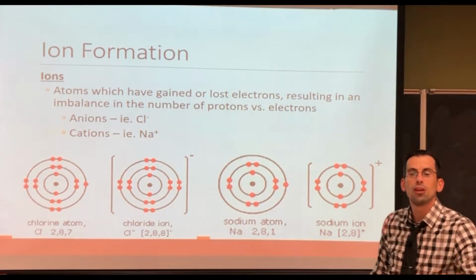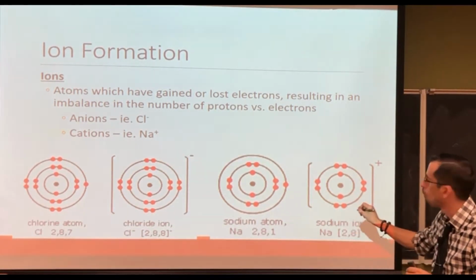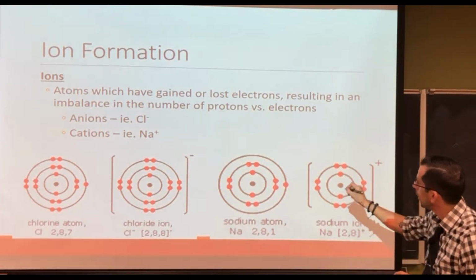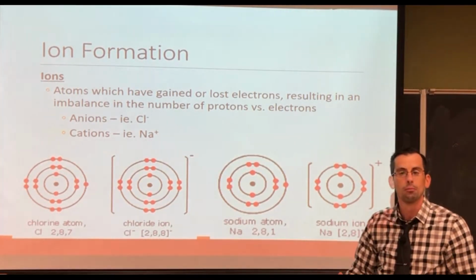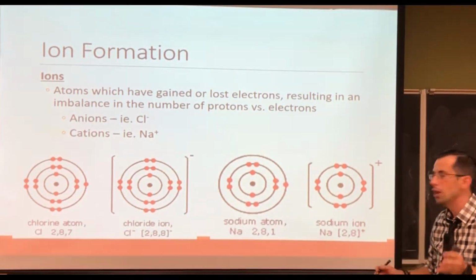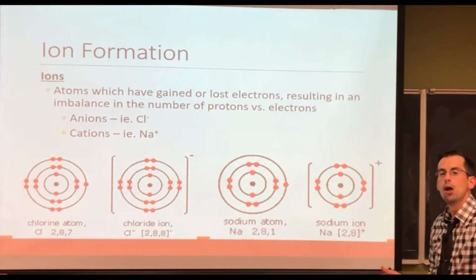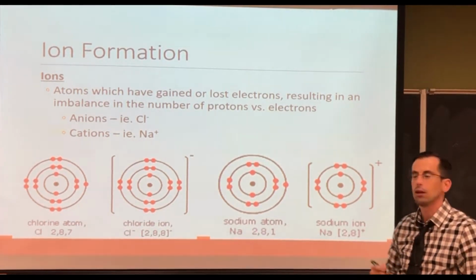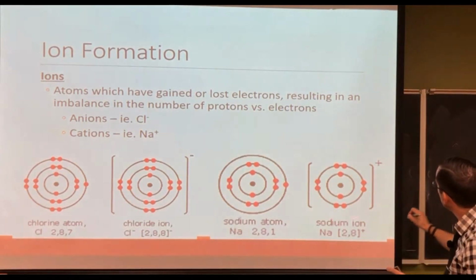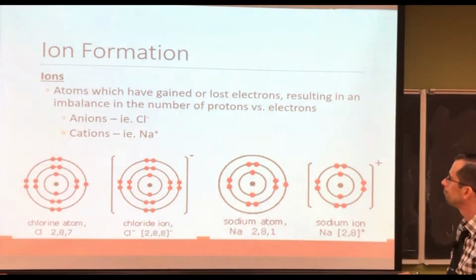We lose that singular electron in the third orbital. That orbital goes away, and what we're left with is the second orbital now being our outermost. It's already full. That makes sodium very happy. But now we have that imbalance again, but this time with one extra proton than we had electrons. One extra positively charged proton gives our sodium ion a positive charge.